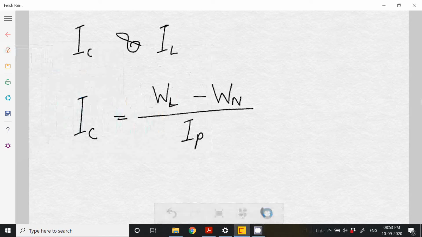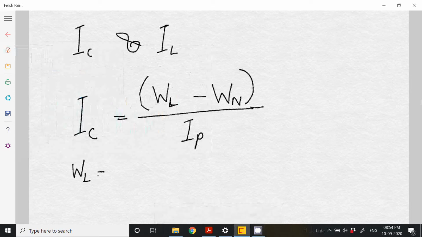So consistency index is the ratio between the difference of liquid limit and natural moisture content of a soil divided by its plasticity index.